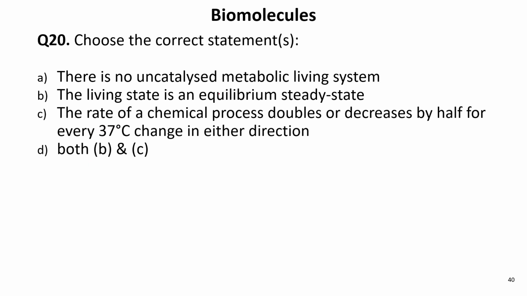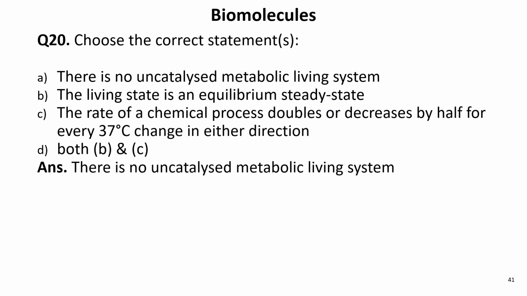Next question. Choose the correct statement. There is no uncatalyzed metabolic living system. The living state is an equilibrium steady state. The rate of a chemical process doubles or decreases by half for every 37 degrees centigrade change in either direction.